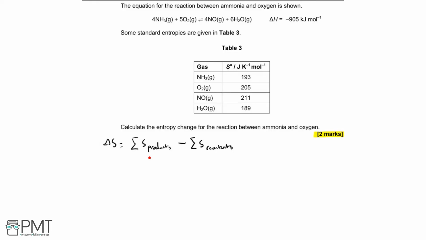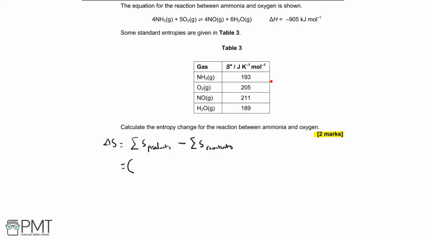So all we need to do from here is to add up all the entropies on our products side of the equation. So we'd have 6 lots of 189 and 4 lots of 211, and then subtract all the entropies from this side of the equation. So 5 lots of 205 and 4 lots of 193. So writing that out as our equation, which is what we'd need to do in order to get the marks, we'd start with our products.